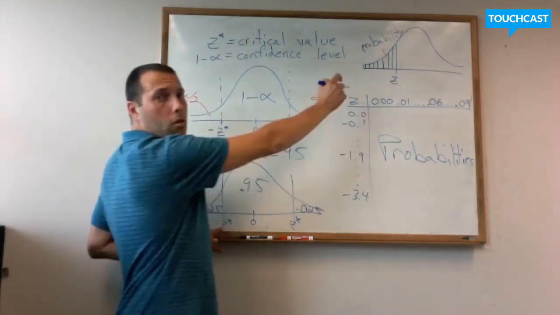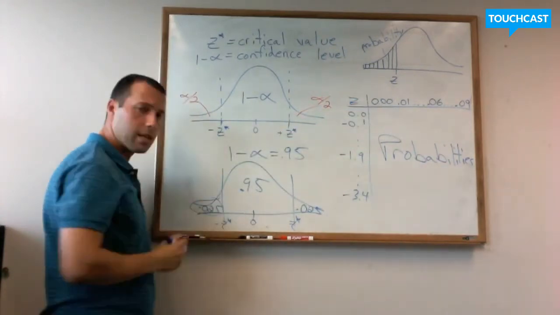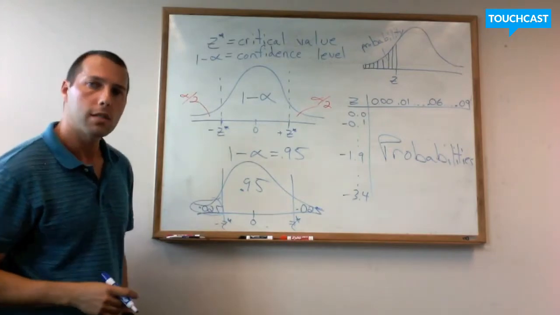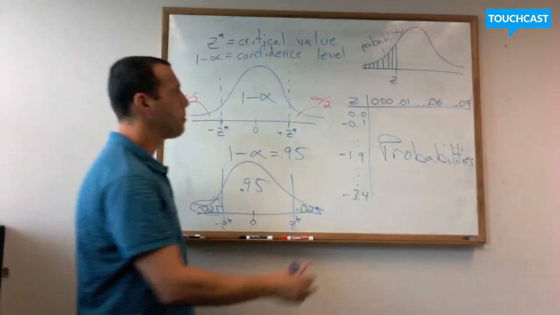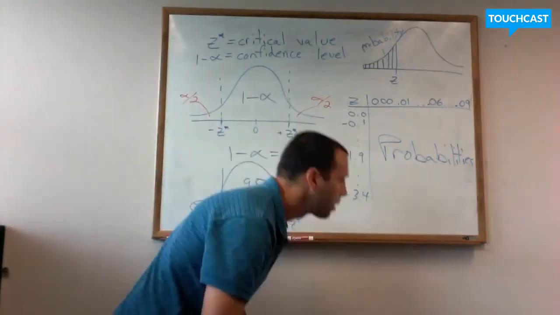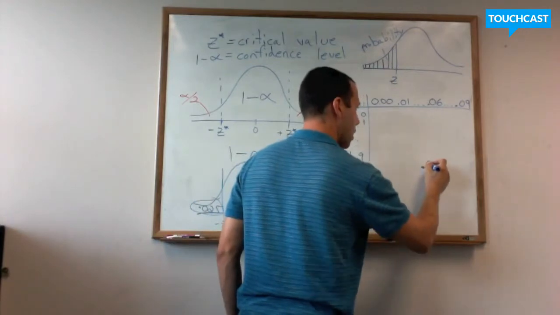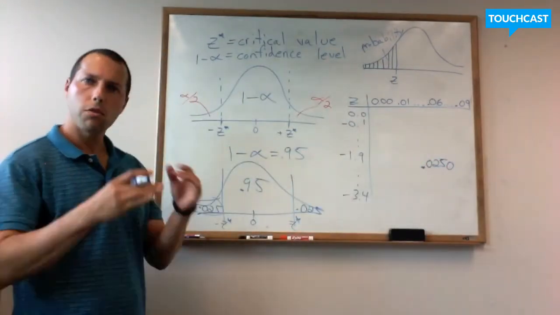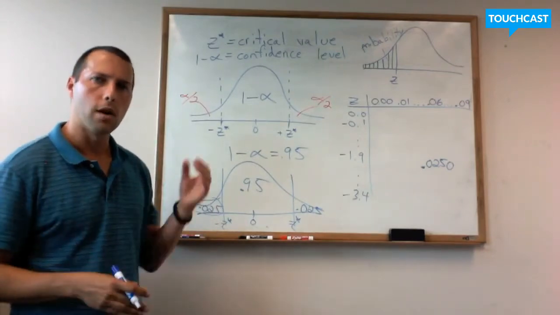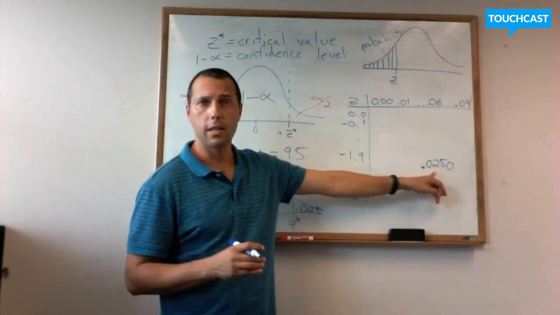And since the table only gives less than probabilities, I want to look up this number of 0.025 in the table. Now, thankfully, this number actually exists in the table, and it's going to be located right about there. So look through the table, the link that I showed before, and see if you could find 0.0250. You should. It exactly fits in there.